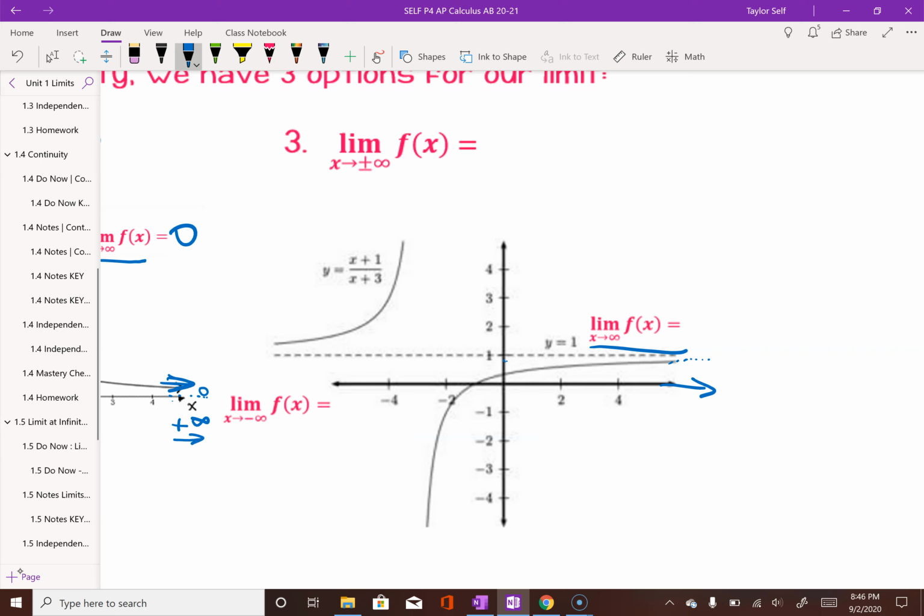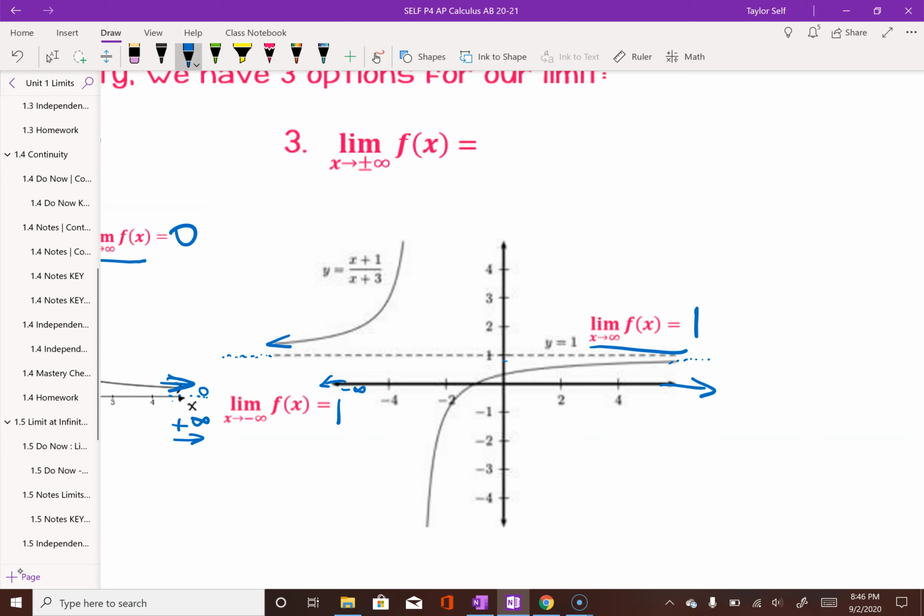We have to stop at that y value, right? So for this function, our limit approaches 1 on the right. And on the far left, as x goes to negative infinity, the function is again getting closer and closer to that asymptote, but is not allowed to touch it because that's the definition of an asymptote. So our limit as x approaches negative infinity is also 1.